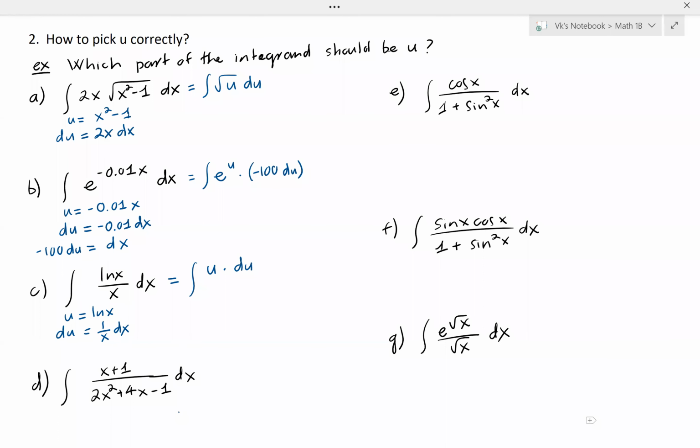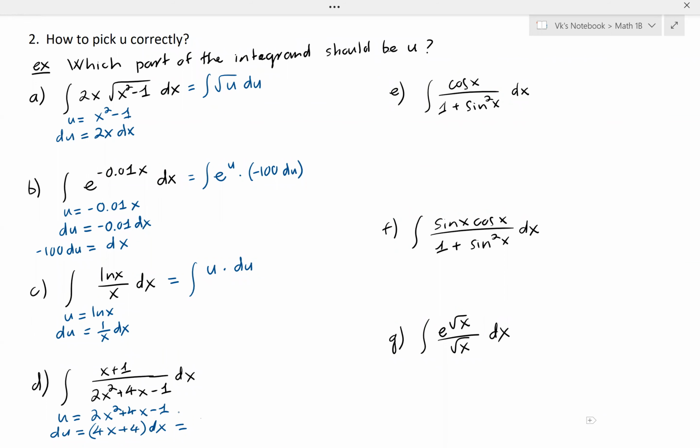Next one, in D. If we pick the denominator to be u, then the derivative of the denominator will help us to replace the x plus 1 dx. So we let u be 2x squared plus 4x minus 1. du is 4x plus 4 dx.